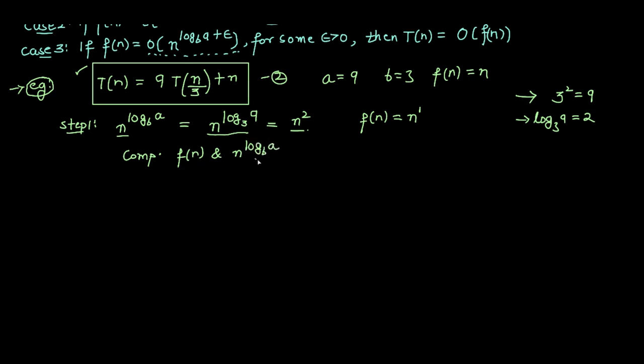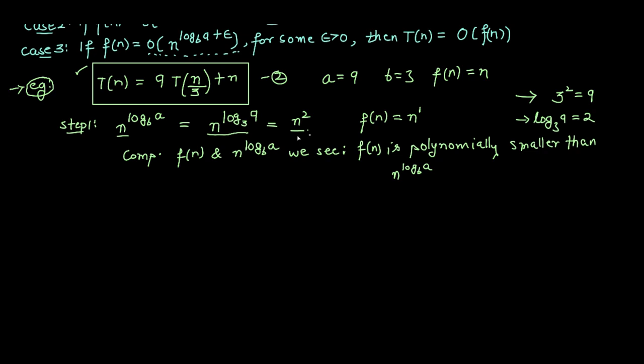When we compare this function with this, we see that f(n) is polynomially smaller than n raised to the power log base b of a.